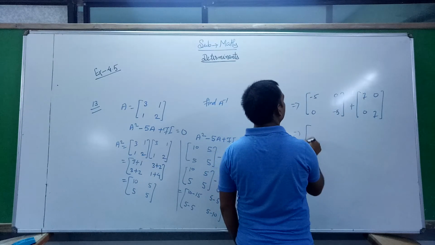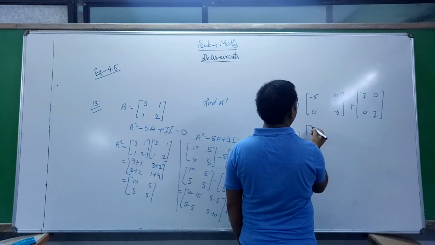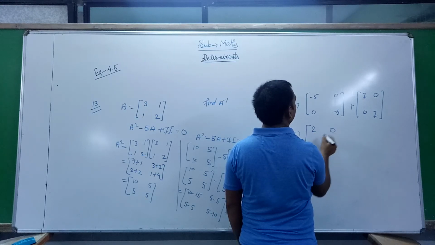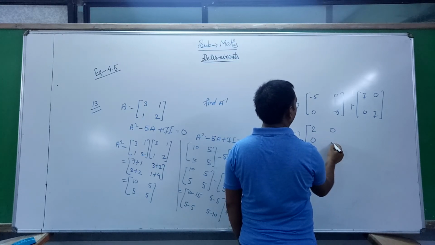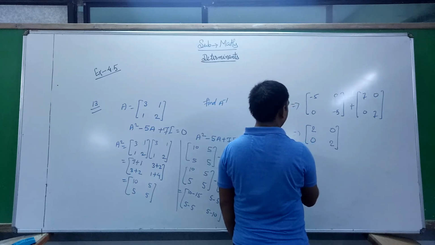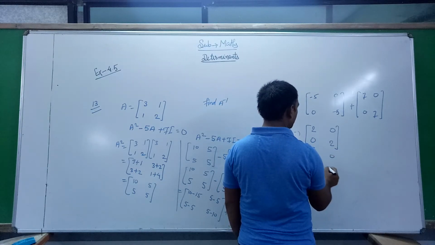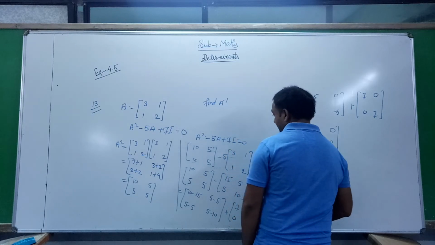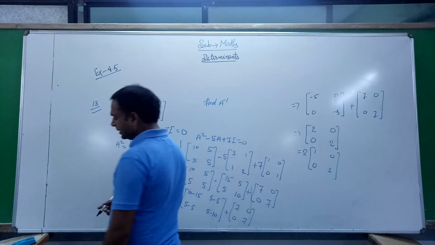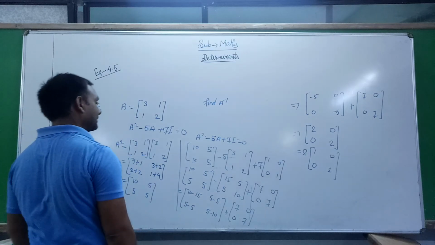So this is equal to 2, 0, 0 and 2. Taking 2 common, it is 1, 0, 0 and 1. So it is converted into the identity matrix. So that is equal to the identity matrix.